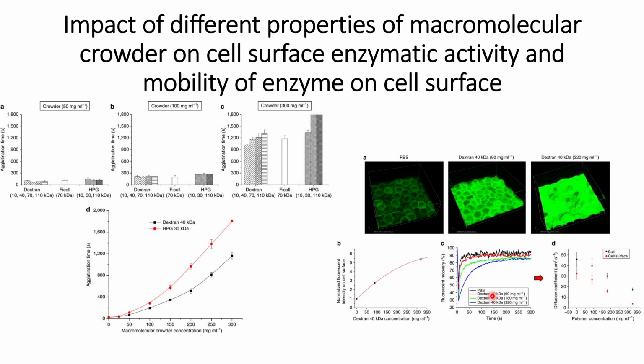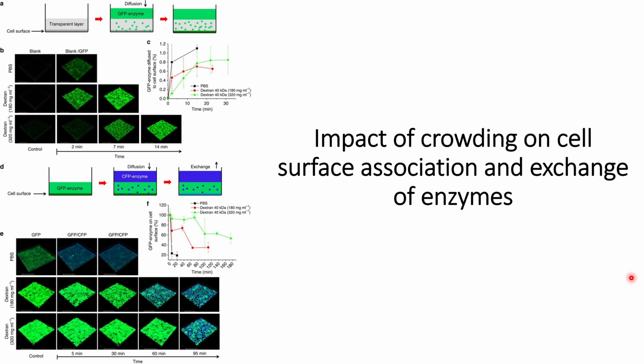This is the mobility-based experiment where we can see that for the PBS the fluorescence recovery is highest, but for the Dextran at 320 milligram per ml the fluorescence recovery is lowest. This is because the diffusion of the enzymes at high concentration of macromolecular crowder is lower, and this is true for both the cell surface and bulk.